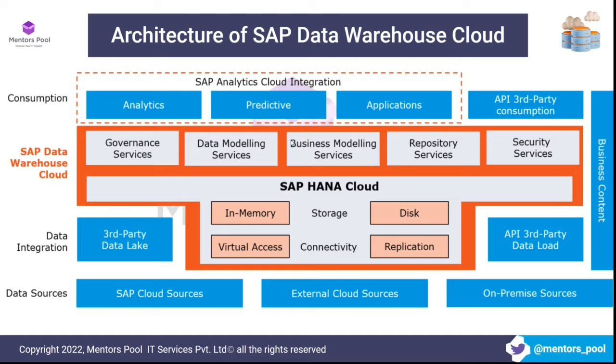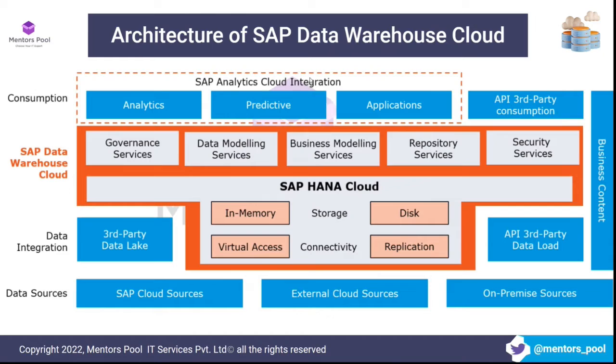And then we have a lot of analytic tools in the consumption layer. There are third-party tools, like how we discussed there are third-party source systems. Here also there are third-party tools, like you can have Power BI or Tableau; any reporting tool that you can think of has some way to connect to data warehouse cloud.